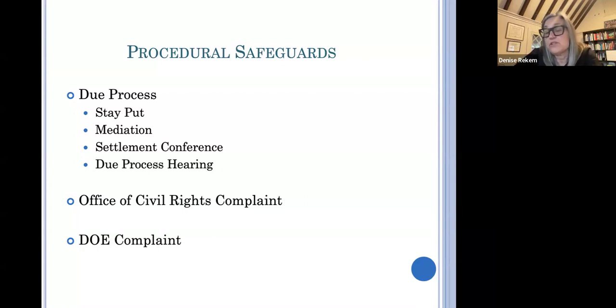Mediation, we suggest because you get a mediator from the Department of Ed to help you resolve whatever the disagreement is with the school district, whereas a resolution session is just really you meeting with the district on your own. Both sides have to agree to mediation, but in our experience, they usually do because they want to resolve things too. They're not looking for every conflict to blow up into a trial.